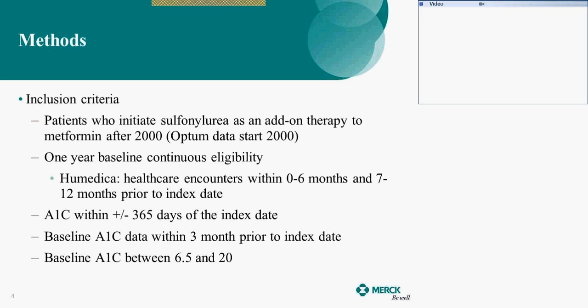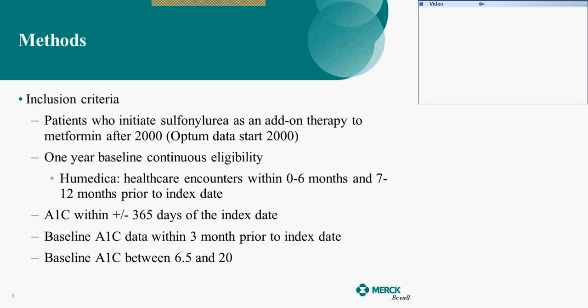The patient should have at least one healthcare encounter within 0 to 6 months, and between 7 to 12 months, prior to the sulfonylurea prescription date. We also require patients who have at least one HbA1c result within plus or minus 1 year of the index date.